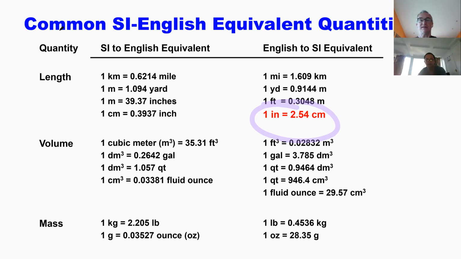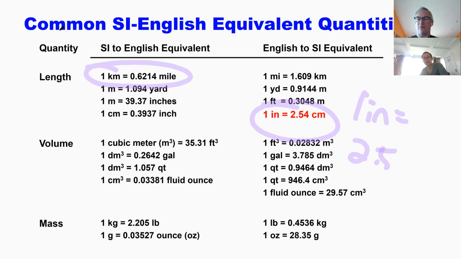So for everything else, when I'm measuring 1 kilometer, I can make that as precise or imprecise as I want. I can have 0.6214, and I can just keep going with numbers. But in this instance, 1 inch is equal to 2.540000, defined indefinitely that way. Yes, that is a definition.